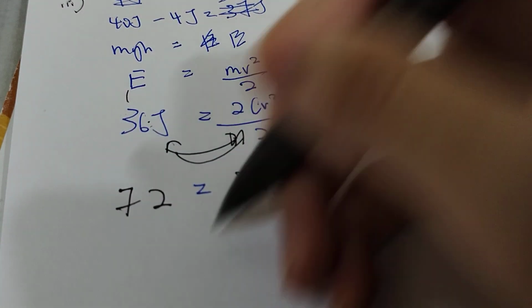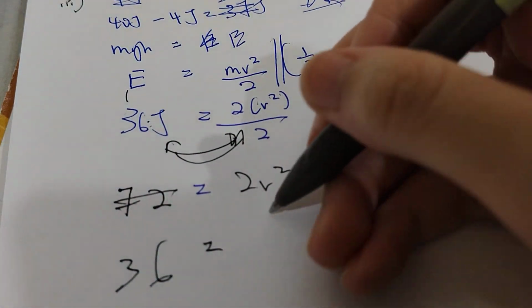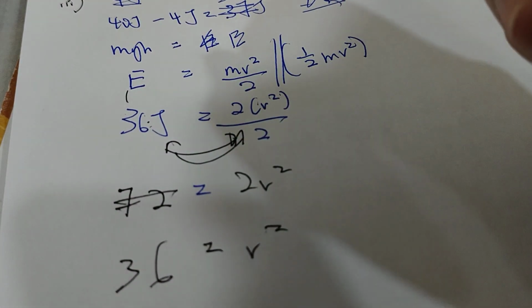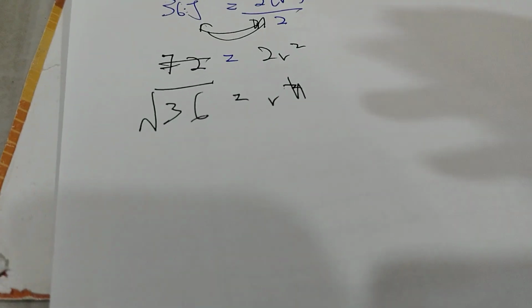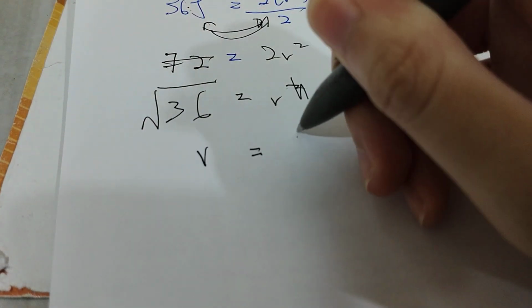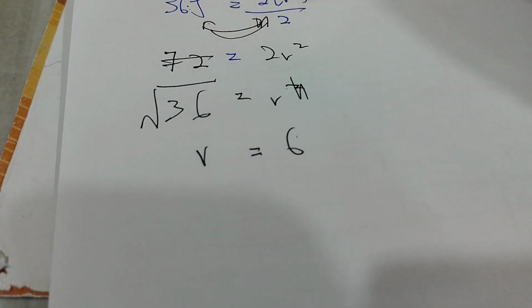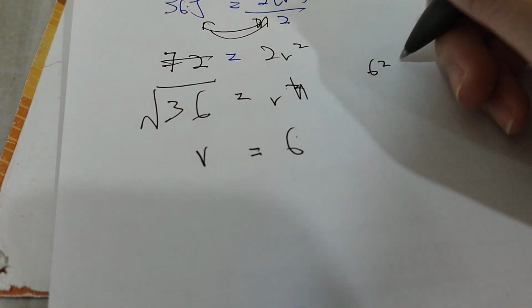Then you have 2v squared, so you have to divide by 2 again. So you get back 36. Then you have v squared. You don't want the square, so you square root it. So v is 6, because 6 squared is 36. 6 times 6 is 36.